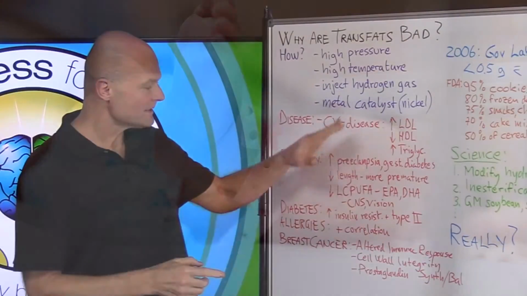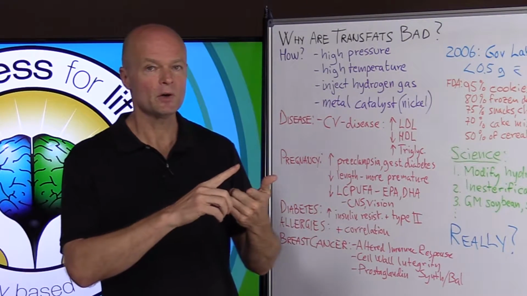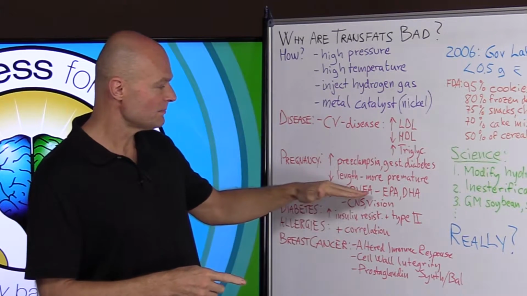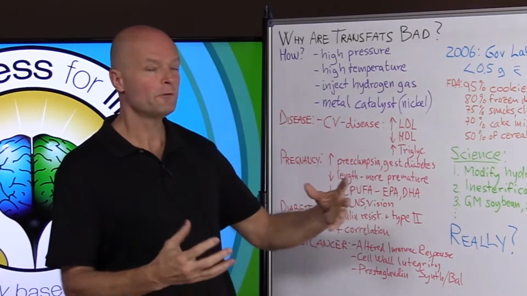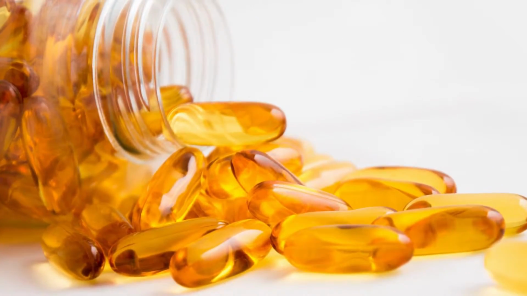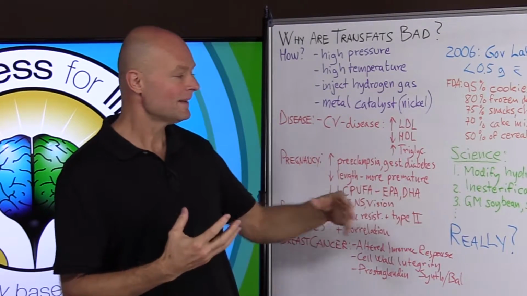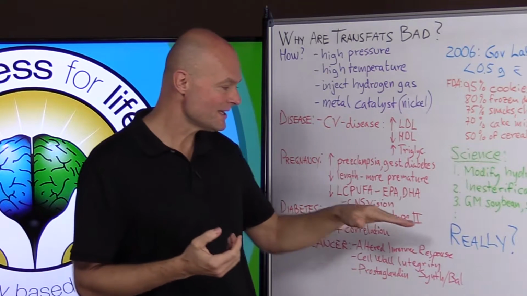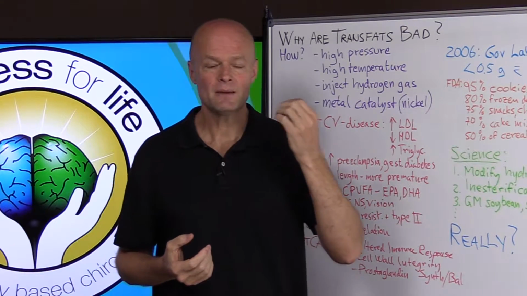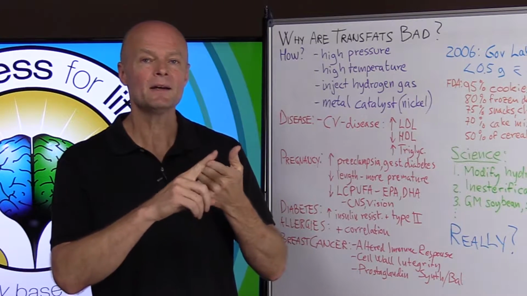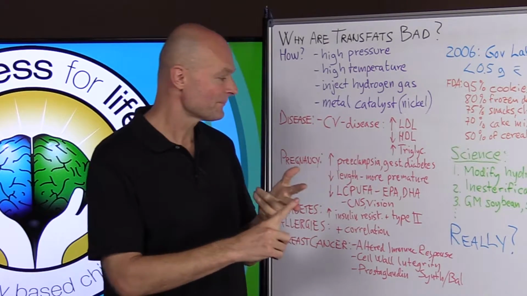And these trans fats, they compete with the body's long-chain polyunsaturated fatty acids. That's a big name for the fish oil types of essential fatty acids, the EPA and the DHA that we have in the body. So the EPA is anti-inflammatory, the DHA is maybe the most important building block for the retina and the central nervous system.